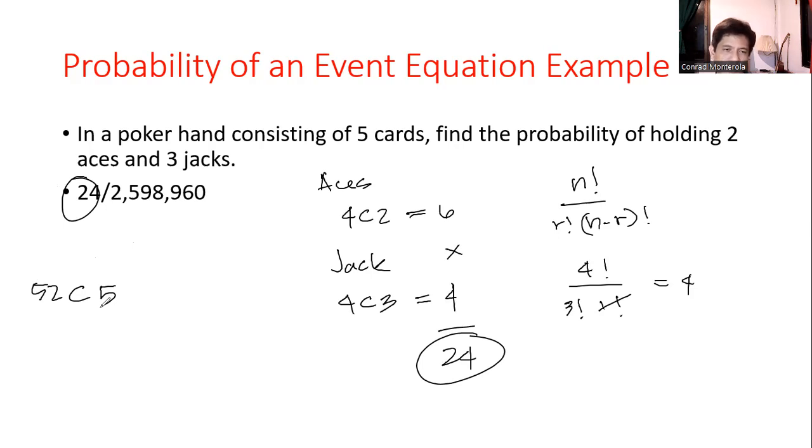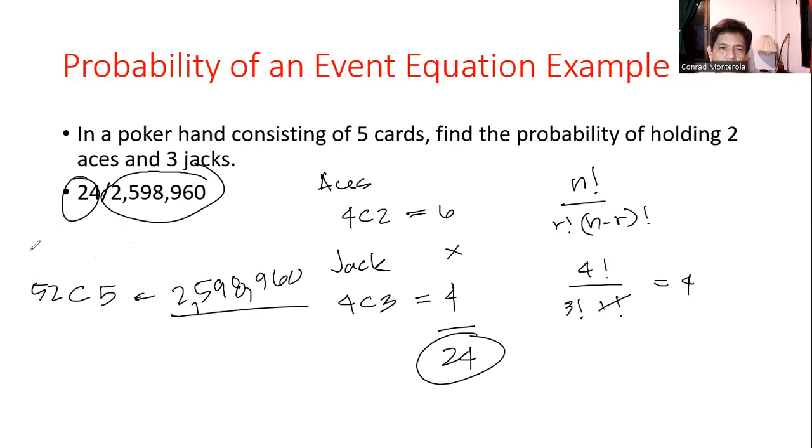As you can see on your calculator, you will have 2,598,960. So the probability of getting a full house of jacks with a kicker of ace will be 24 divided by 2,598,960.